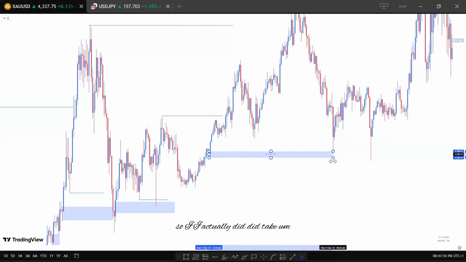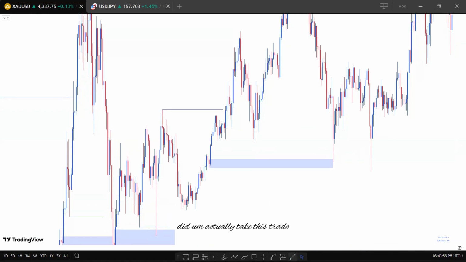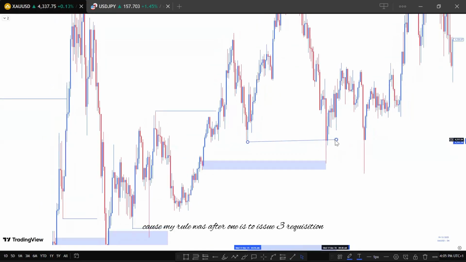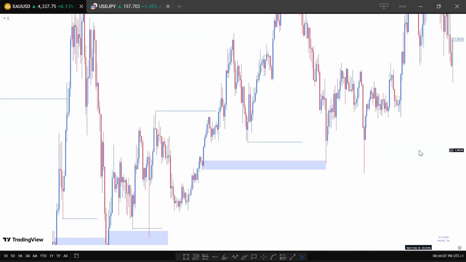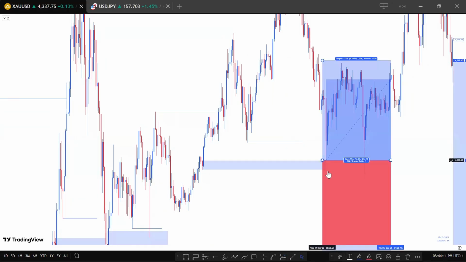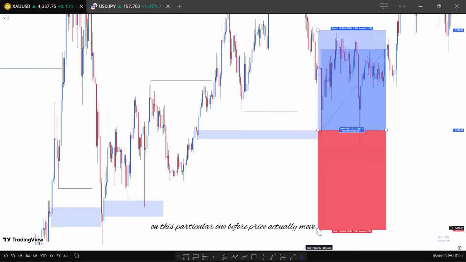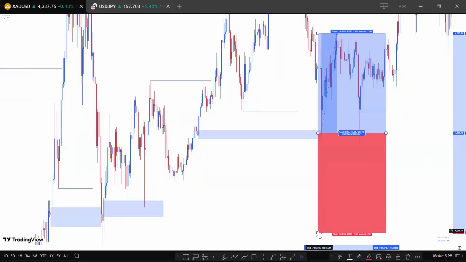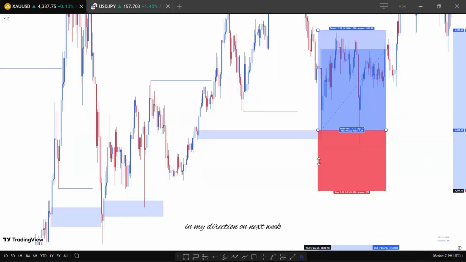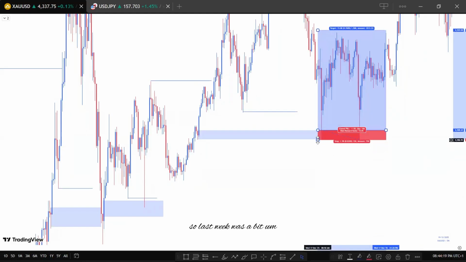I did take this trade, but I got stopped out on break even, because my rule was after 1:3 risk reward, I break even on the trade. But I got stopped out on this particular one before price moved in my direction the next day. So last week was a bit chaotic for me.